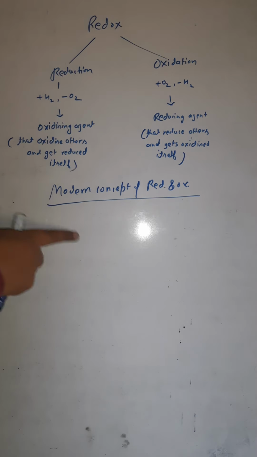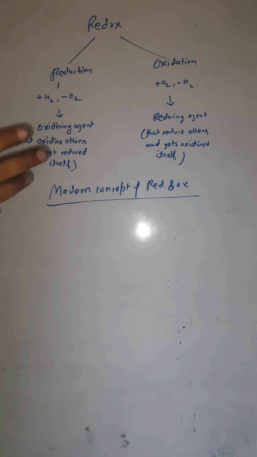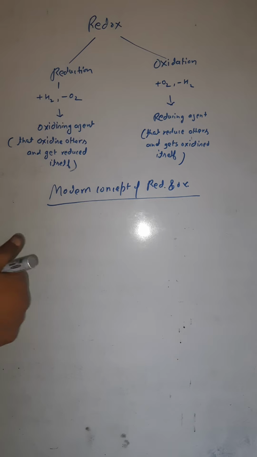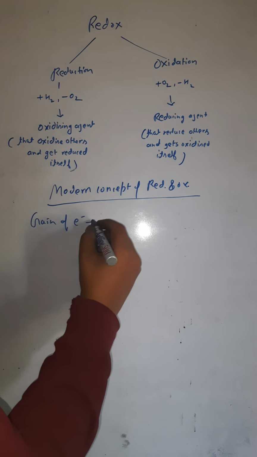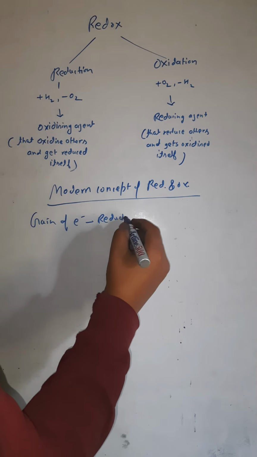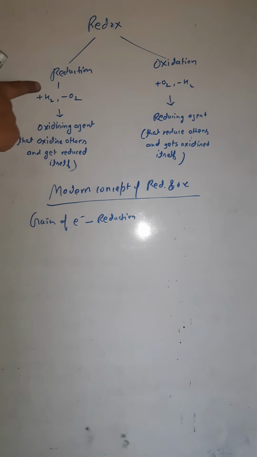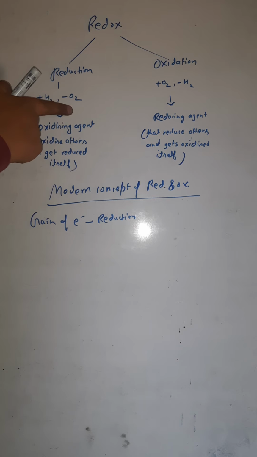This is the earlier concept, but in the modern concept, when there is gain of electrons, this is called reduction. Are you getting this? In the earlier concept, addition of hydrogen and loss of oxygen would be called reduction.